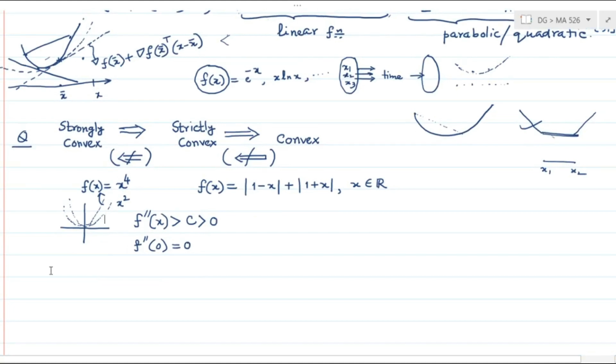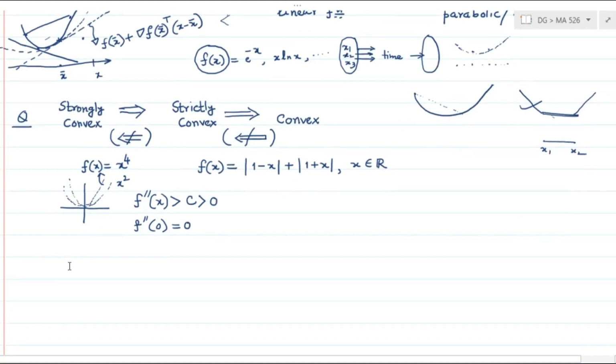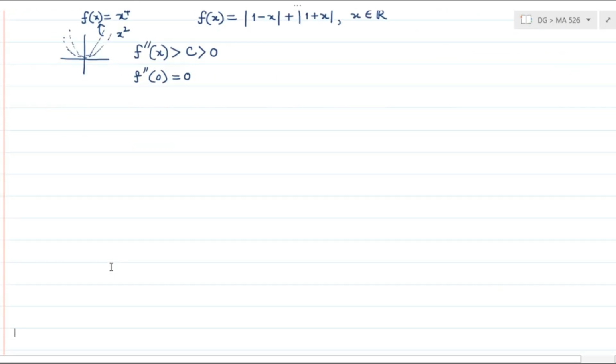Now, let me move forward with precise examples and precise theorem derivations. Let me give you several examples of commonly occurring convex objective functions in optimization problems. The examples that I would like to enlist are the following 10 examples.